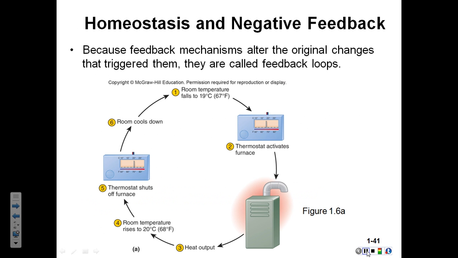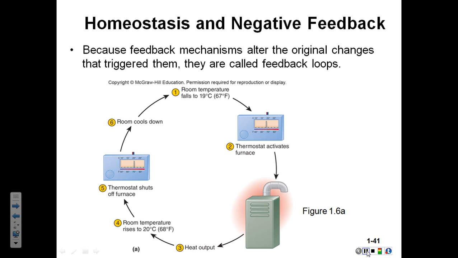All right, so homeostasis, negative feedback. So when we change room temperature, the thermostat will either be activated or inactivated. Either it's going to put heat on or it's going to turn heat off. But the bottom line is it wants to maintain that temperature within that range that you set the thermostat on. Make sense? So when our body deviates from normal, then we get sick.